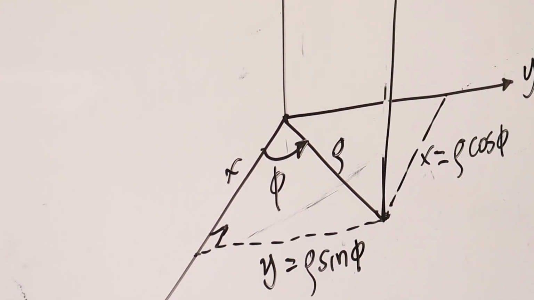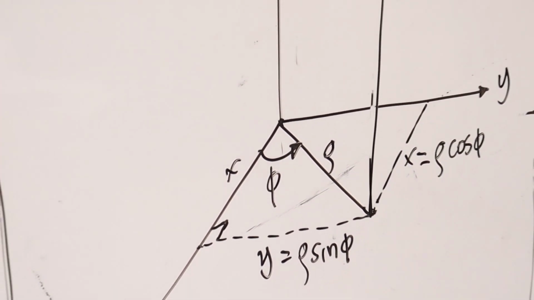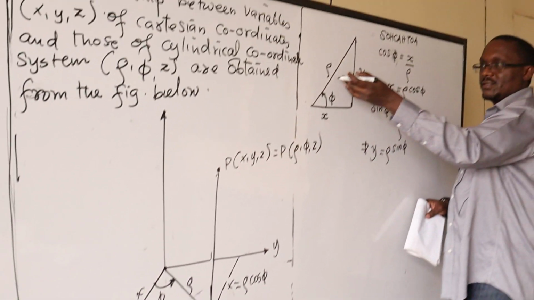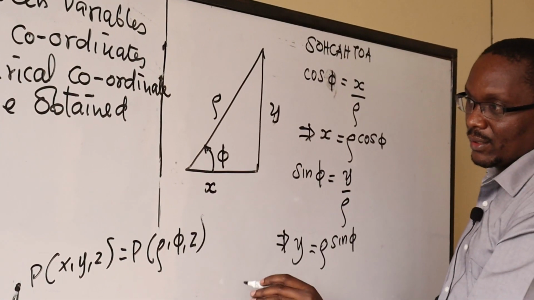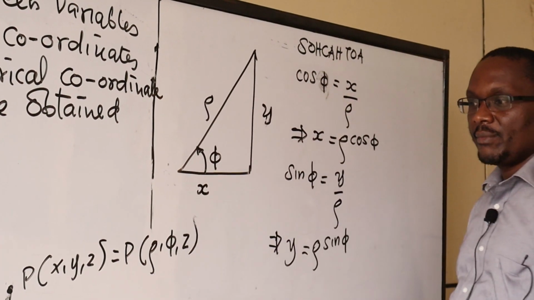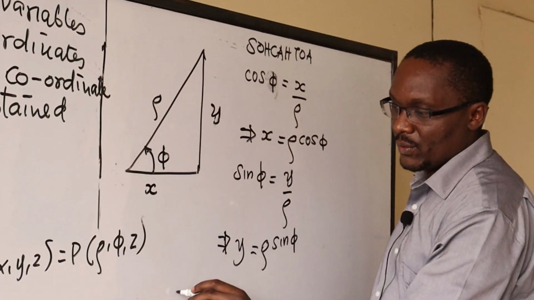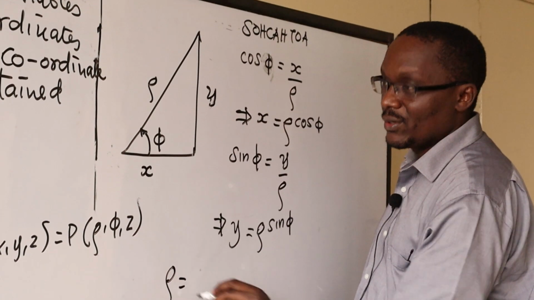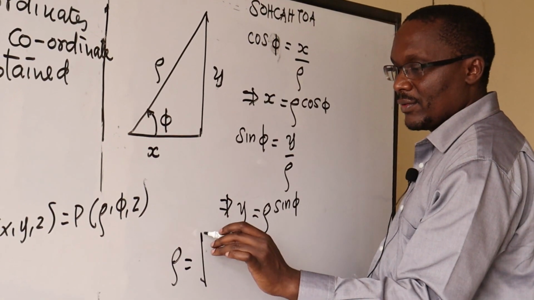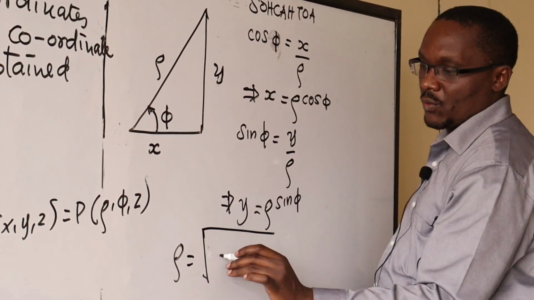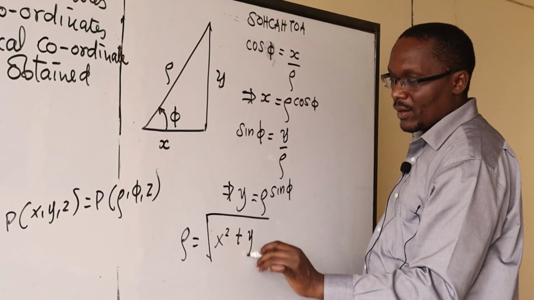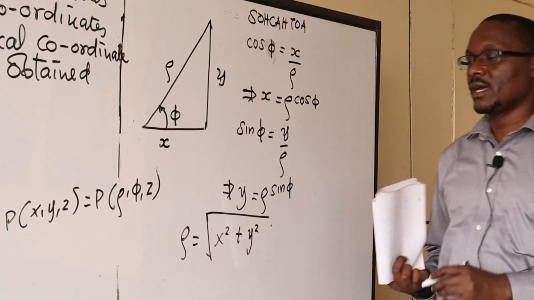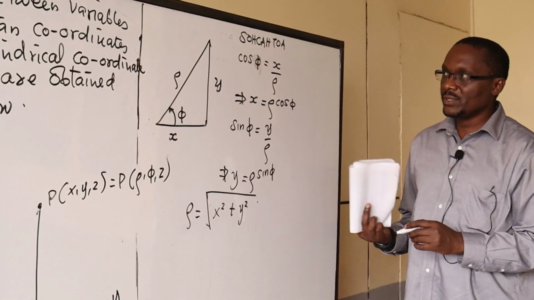So we've actually got that, and rho itself, since it's a right angle triangle, we can use our Pythagoras theorem and get the value of rho, so that rho will be the square root of the square of the adjacent added to the square of the opposite side. So that is what we get.